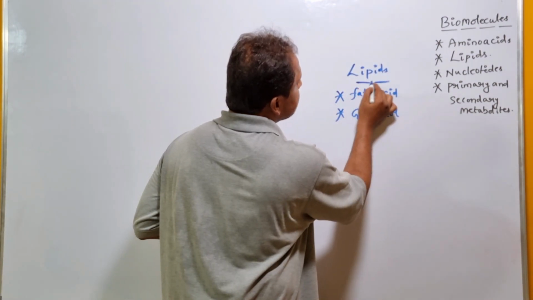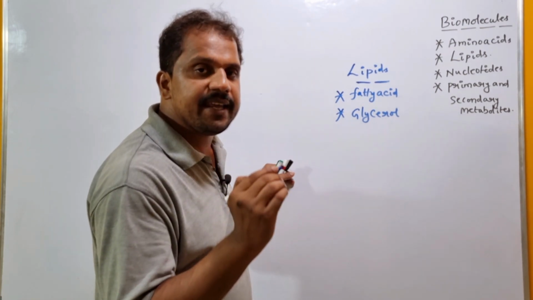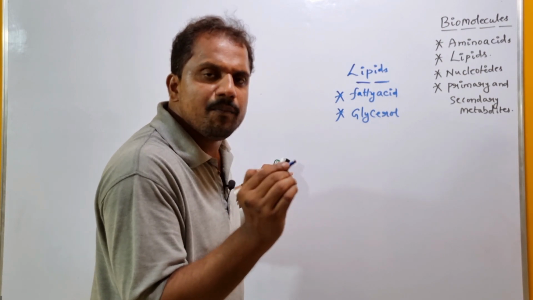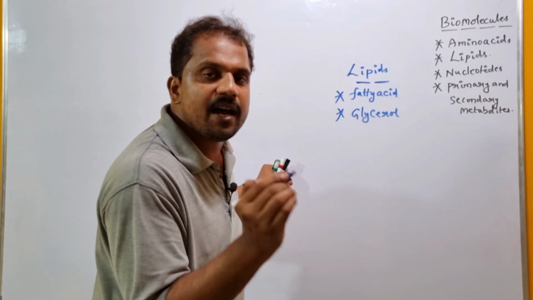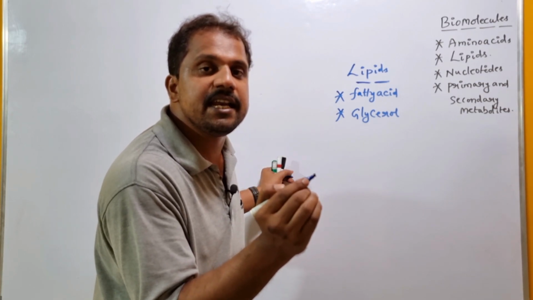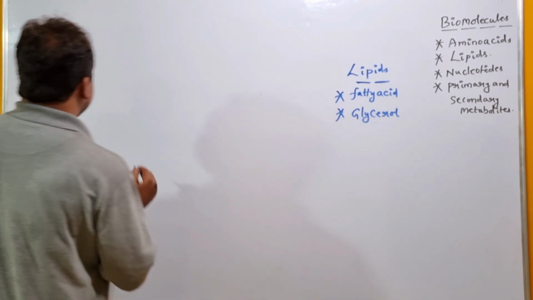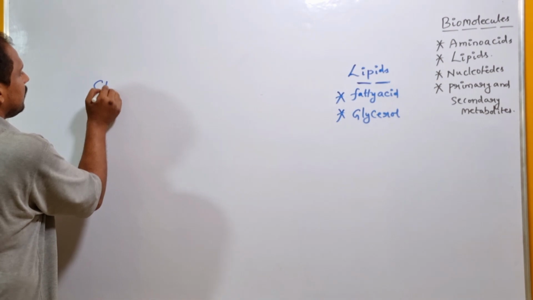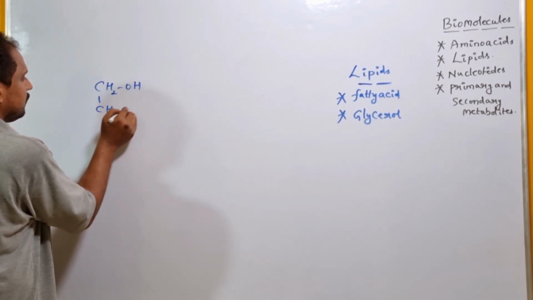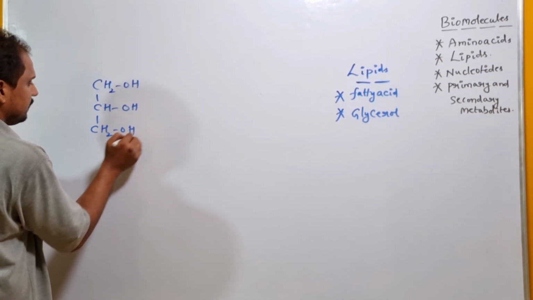As I have already mentioned, the lipid contains two components, fatty acid and glycerol. If a lipid molecule contains both, the fatty acid undergoes esterification with the glycerol molecule. Is it clear? So here it is glycerol, the glycerol molecule.